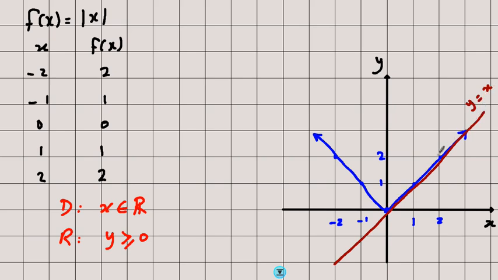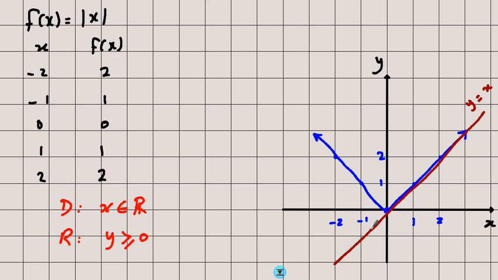Y equals x overlaps this part of the graph of f of x equals the absolute value of x. But then this part of the line of y equals x is allowed to be here because x can take negative values. But when you're considering the absolute value, the negative values are not allowed.